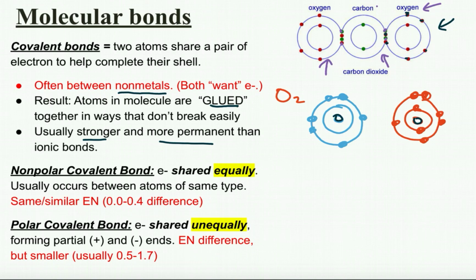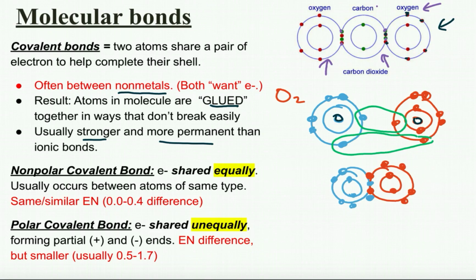All right, so what I'm going to do is have them overlap and then share their lone pairs with one another. And if they can share it in such a way that allows them to each have 8, they're going to do it. So now they both have 8 electrons touching their outermost shell. 1, 2, 3, 4, 5, 6, 7, 8 to the guy on the right, and the same will be seen on the atom on the left.